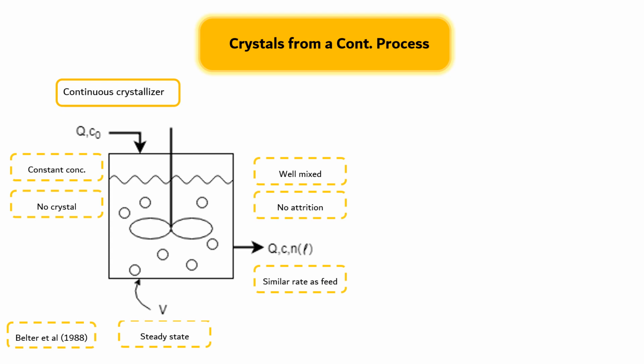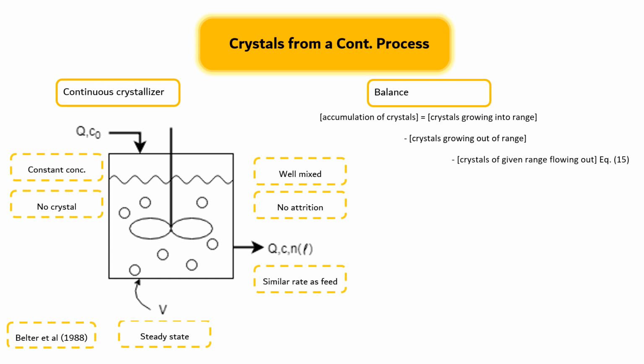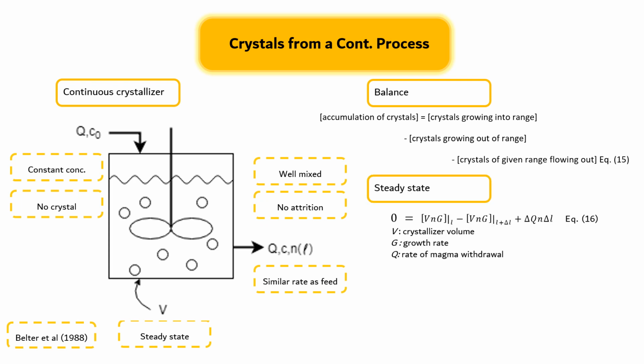We can now make a balance on the number of crystals within a given size delta L as shown in equation 15. Because the crystallizer is operating in steady state, the accumulation is 0 as shown in equation 16. As delta L approaches 0, equation 16 becomes equation 17.